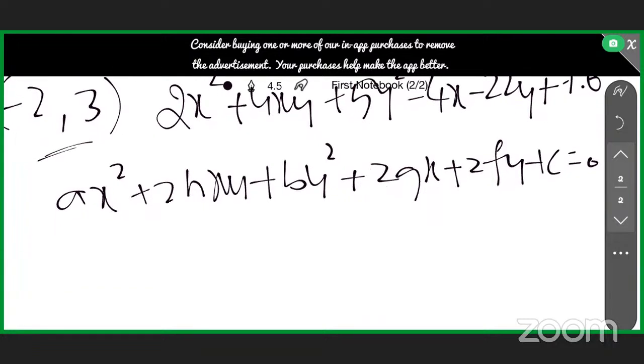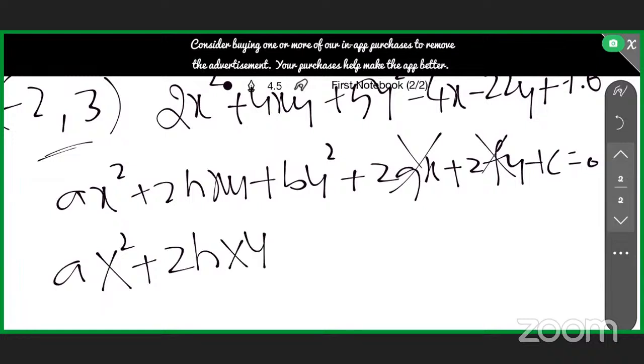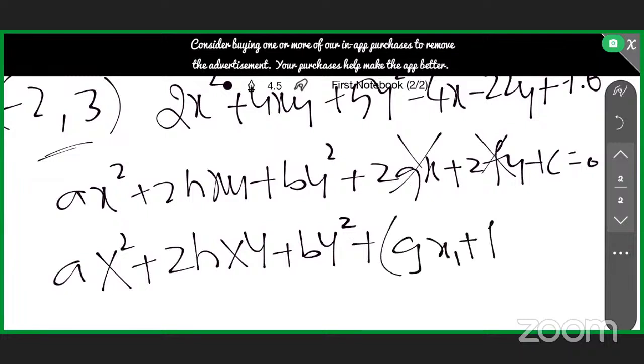We know that when this equation is transformed by translation of axes, these terms are getting cancelled, and the transformed equation will become ax square plus 2hxy plus by square plus g x1 plus f y1 plus c is equal to 0.